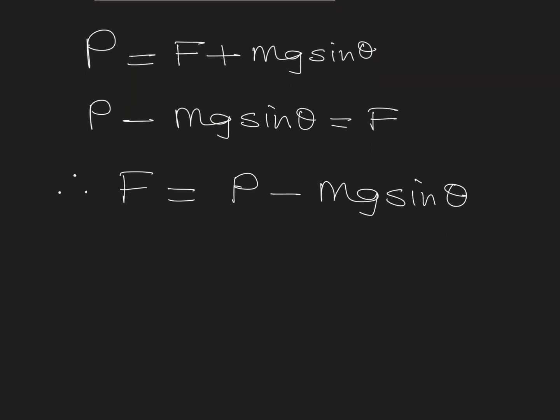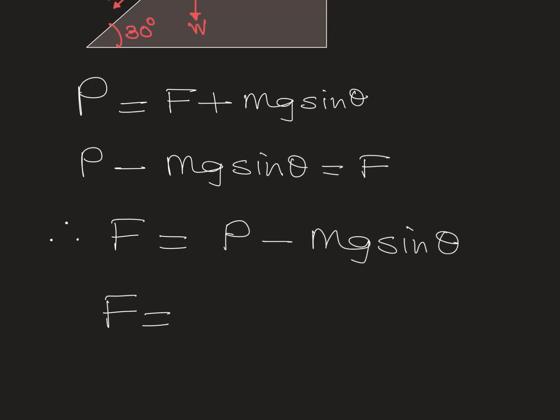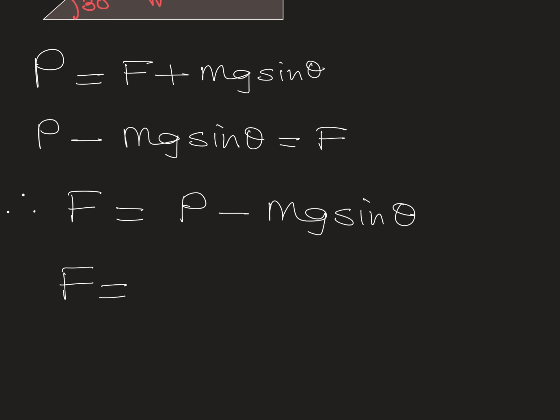This is what we want to find, the magnitude of the frictional force to prevent motion up the plane. Since the body is about to move up the plane, the frictional force has to act in the opposite direction. Remember that.